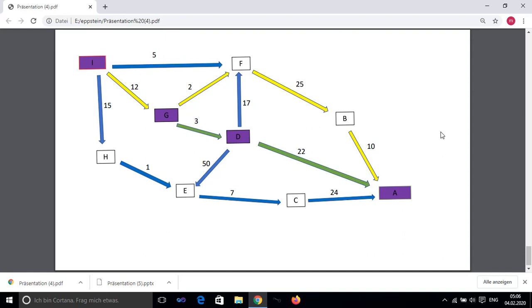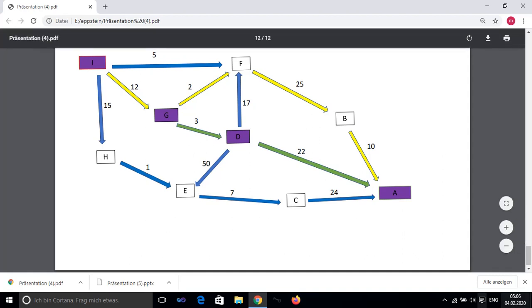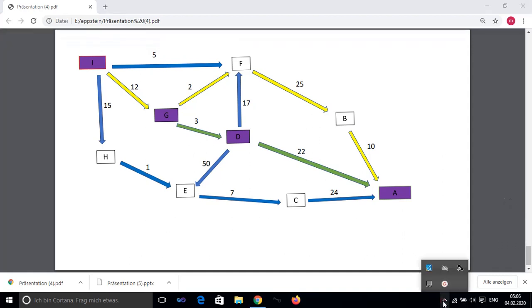So this part here is actually missing. And the third best path length will be 37 plus 15 equals 52.